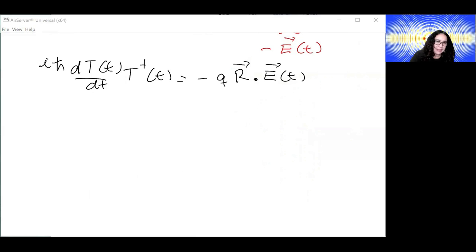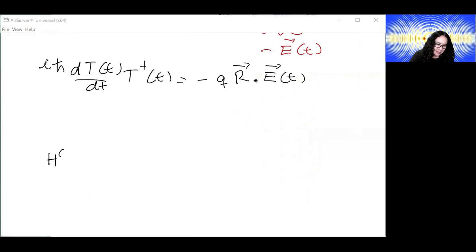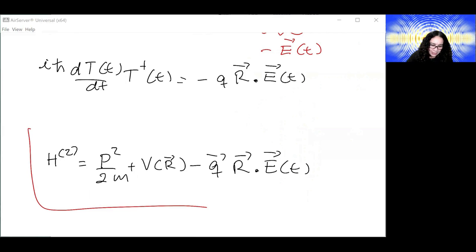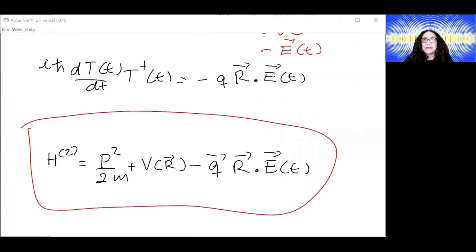I'm bringing everything together. So I find that H2 is P2 over 2M plus VR minus Q R scalar product with E(t), which is the length gauge Hamiltonian.